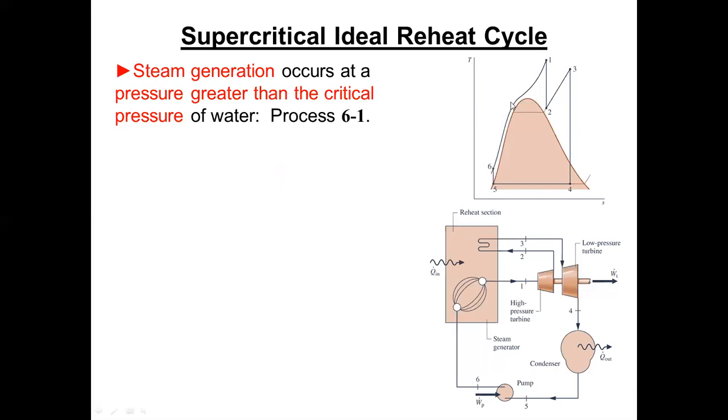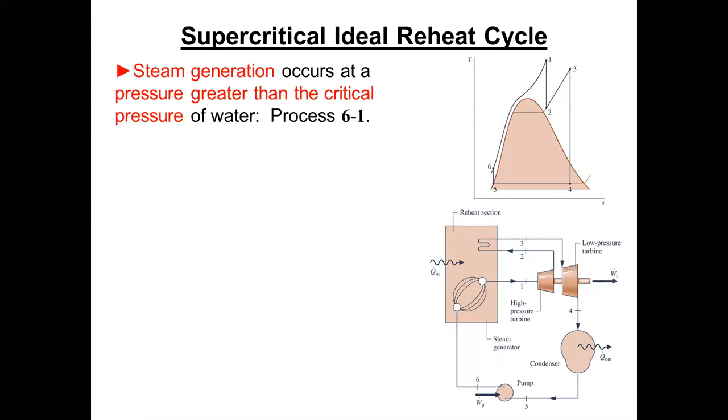And then when we start heating, we just go from a liquid to a vapor, and it doesn't really boil. It's just a change of state, but it doesn't go through a boiling process at constant temperature like we do when we're below the supercritical process. So that's the little ball that shows that process.